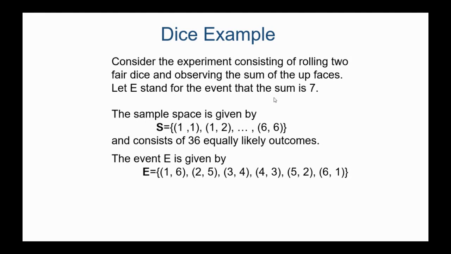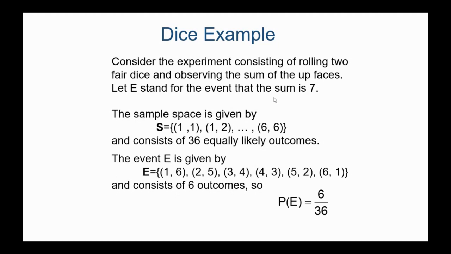So what would our probability be of getting a sum of 7? Well, there's 6 outcomes that we want. How many total could we get? 36, so the probability would be 6 over 36.